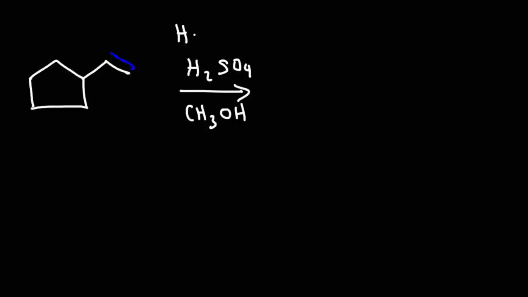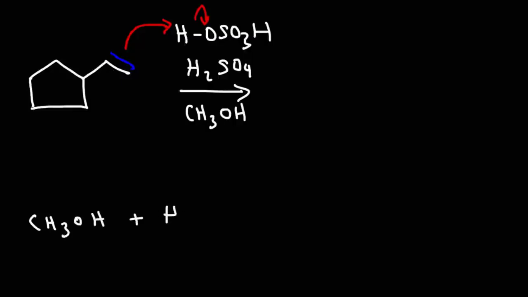Sulfuric acid can give away a proton, and that's what's going to happen. The alkene is going to acquire a proton. Now this proton can come directly from sulfuric acid, or it can come from a protonated solvent molecule. So just as water can react with sulfuric acid, methanol can also react with sulfuric acid.